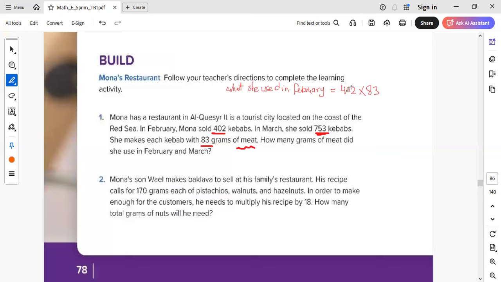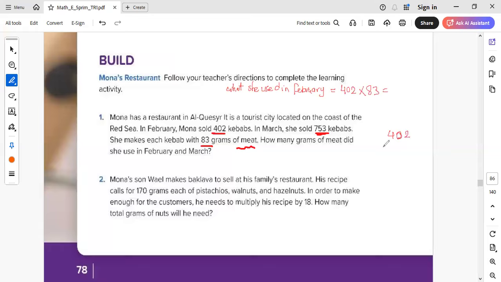So we have to multiply the number of kebabs by 83 to get the total amount. 402 multiplied by 83. We can use any method, but I think it will be easy if we multiply by the standard algorithm.